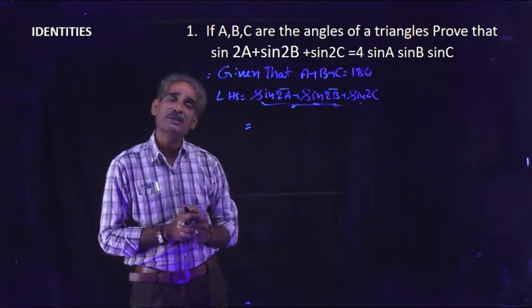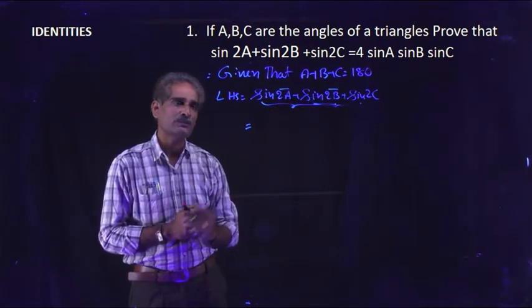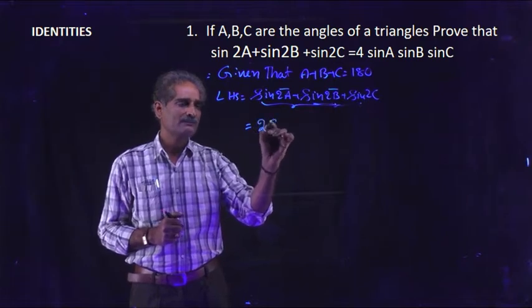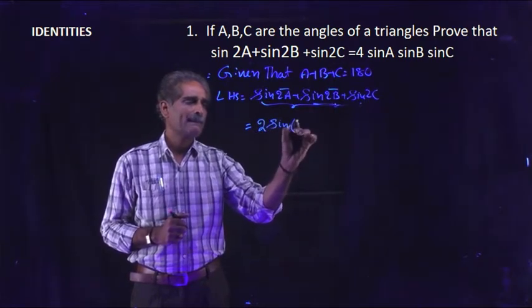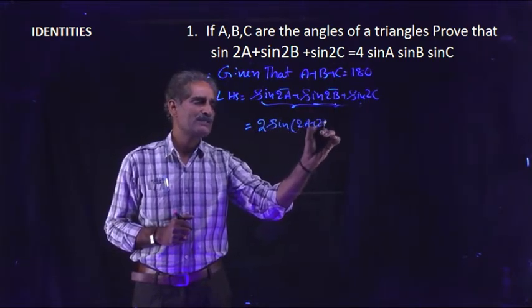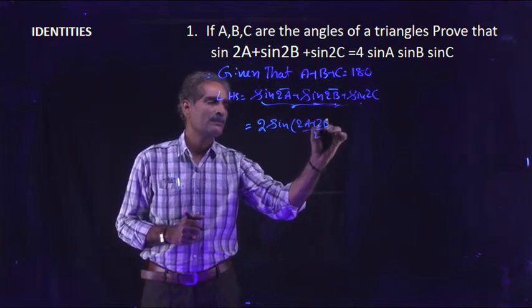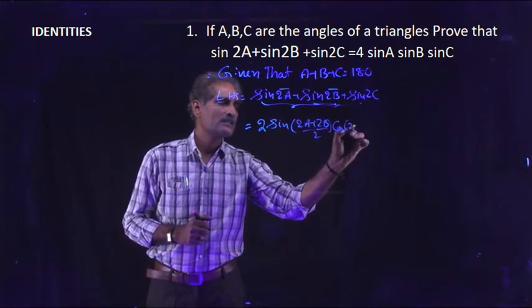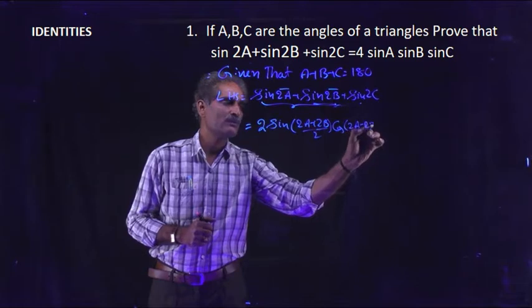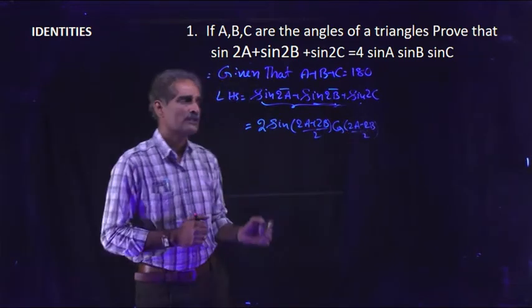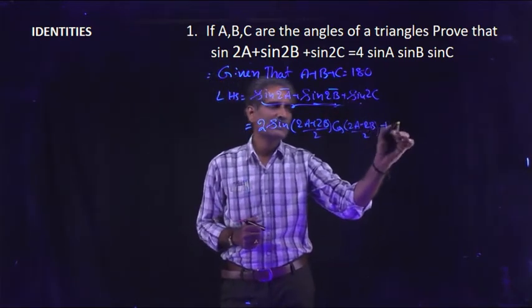Sin C plus sin D equals 2 sin (C plus D)/2 cos (C minus D)/2. So the first two terms become 2 sin (A plus B) cos (A minus B). There is no combination for the third, just simply write down sin 2C.